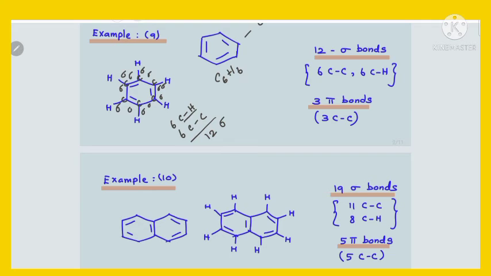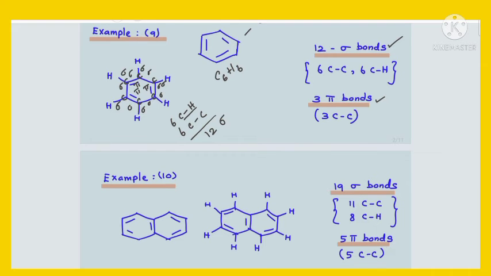And you can see inside the benzene ring there are delocalized double bonds. Among a double bond, if one is a sigma bond, the other one is a pi bond. Here 1 pi bond, another one, this is the third one. So in benzene there are 3 pi bonds: sigma bonds 12, pi bonds 3. So this method can be applied for cyclic systems like benzene and other derivatives.